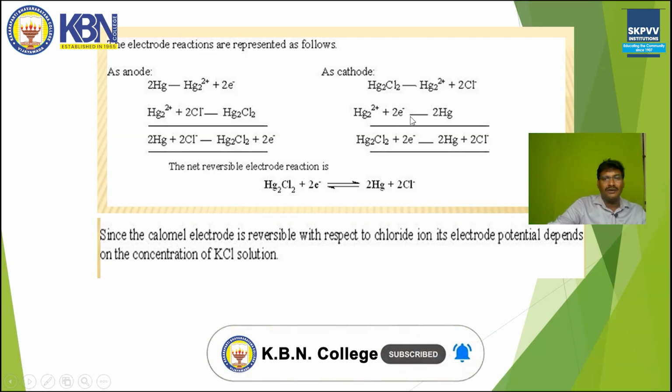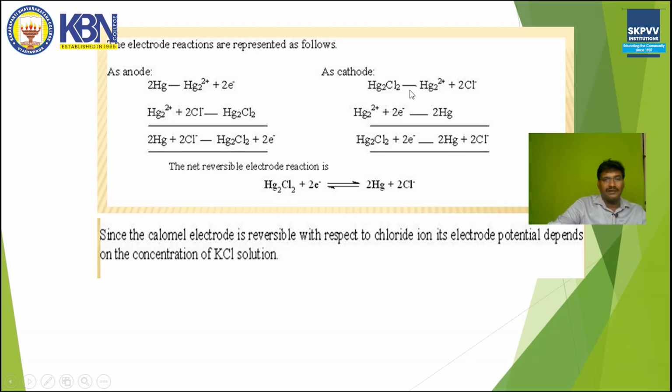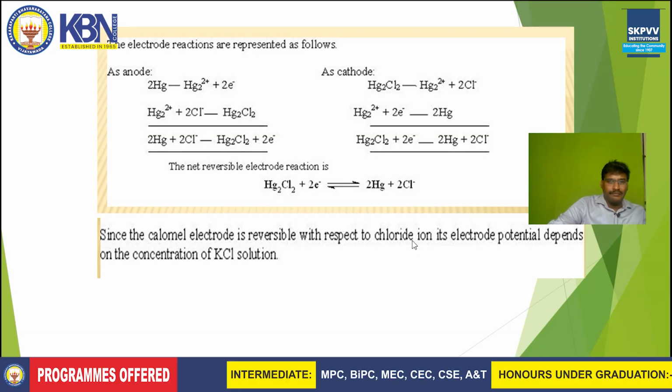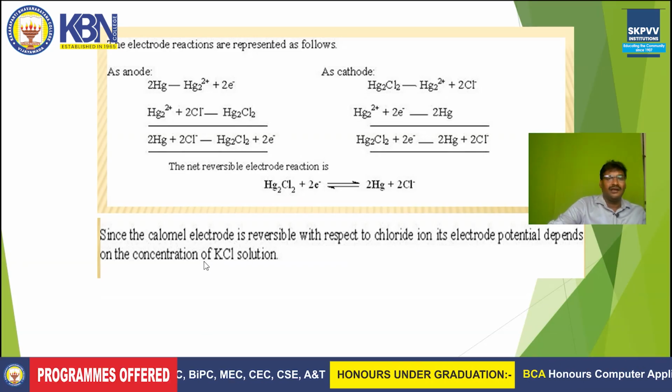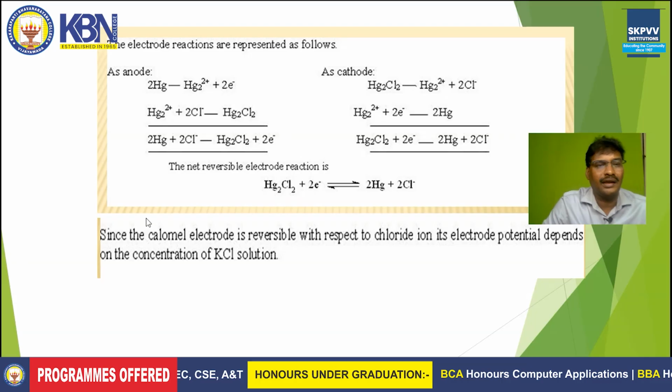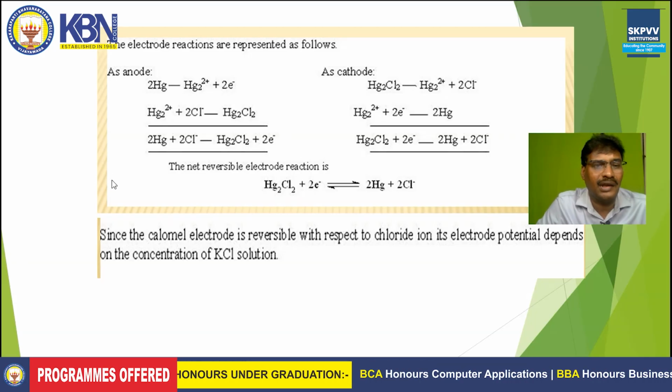The net reaction at the cathode is Hg2Cl2 plus 2 electrons, which finally gives mercury and chloride ions. The calomel electrode is reversible with respect to chloride ions. Therefore, its potential depends upon the concentration of KCl solution. This is the explanation for the calomel electrode.